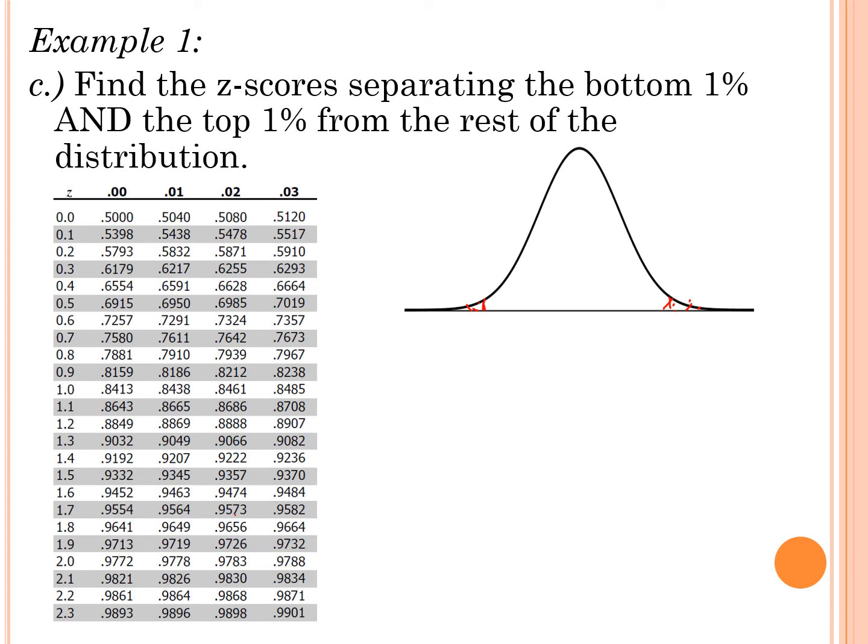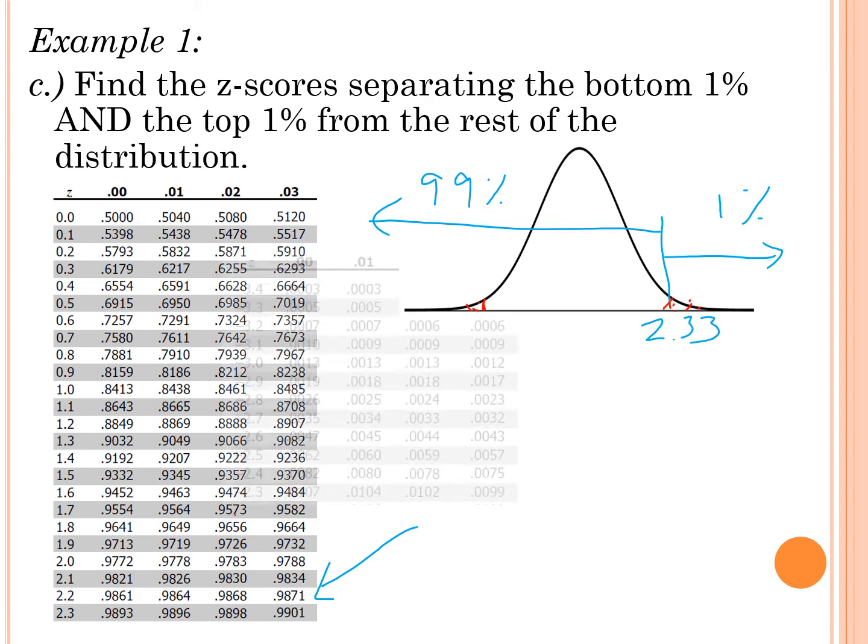Right, so top 1% means we have 99% to the left of this and 1% to the right. All right, when we look at this table, we can see right down here, we have 99.01% at 2.33. Okay, so that's our z-score for this cutoff.